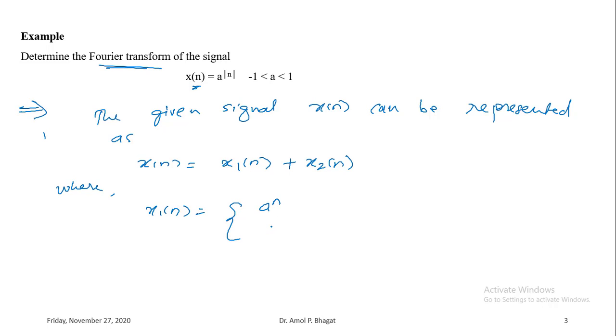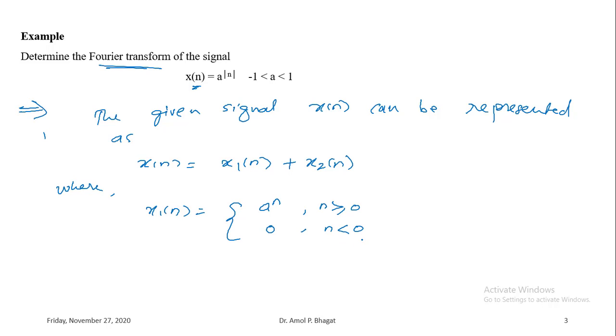The positive values of n will exist in the signal because the mod has been taken. So it will be true for n greater than or equal to 0, and it will be 0 for negative values of n, that is for n less than 0.